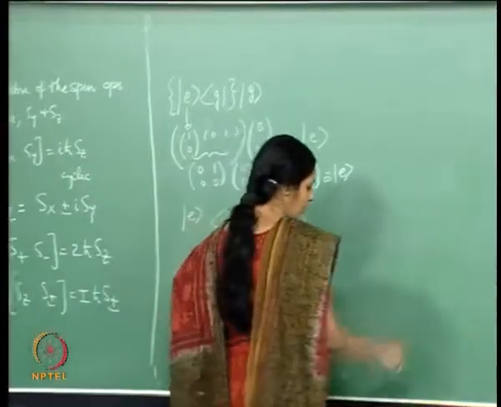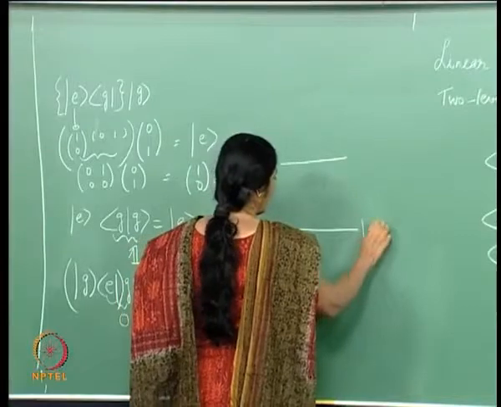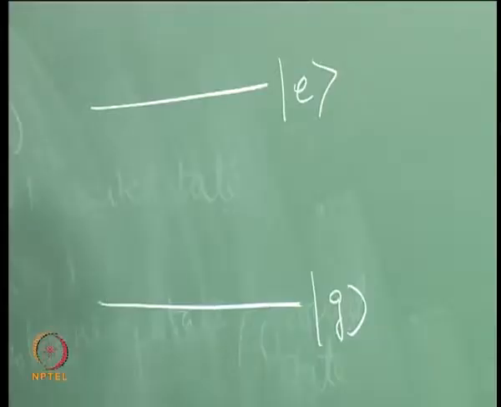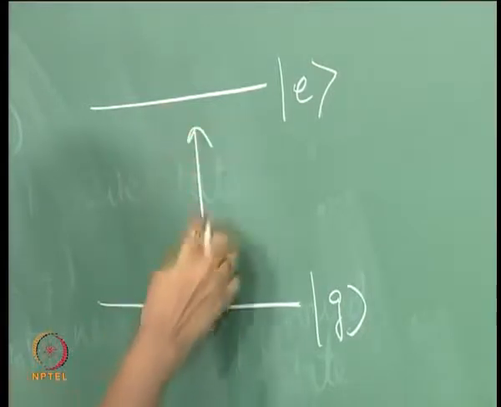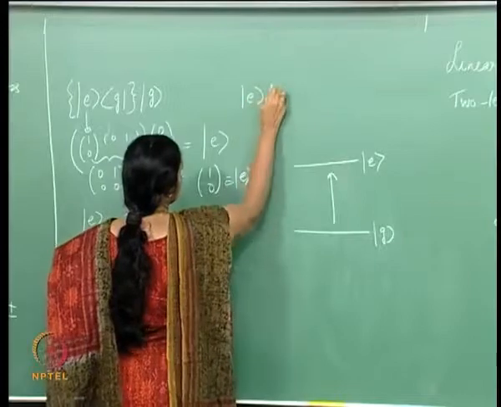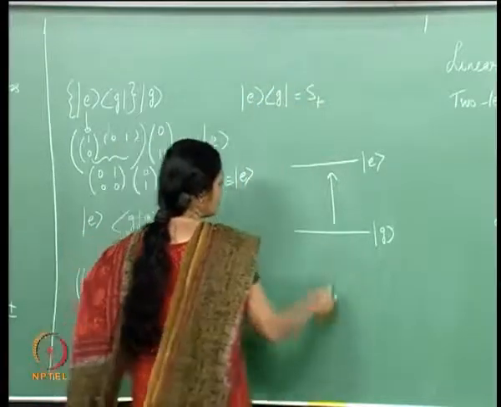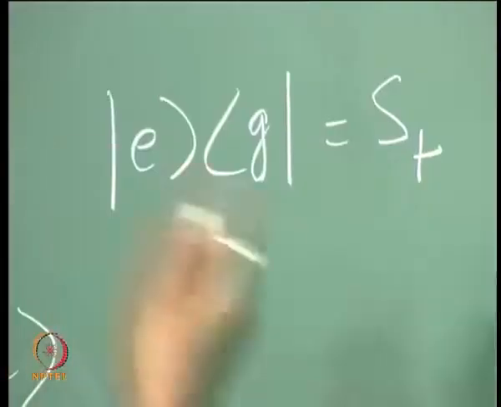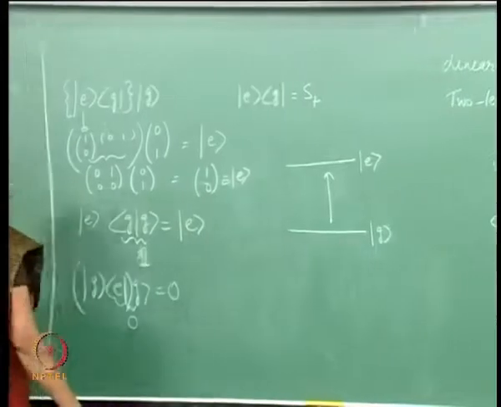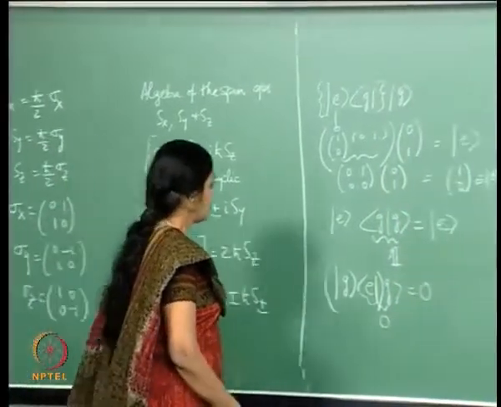So in my picture, I have the two levels of the atom, and there is this operator which I will denote by S plus. You will realize that I am doing this from hindsight, because I will show soon that this S plus is the same as the S plus that I got here.